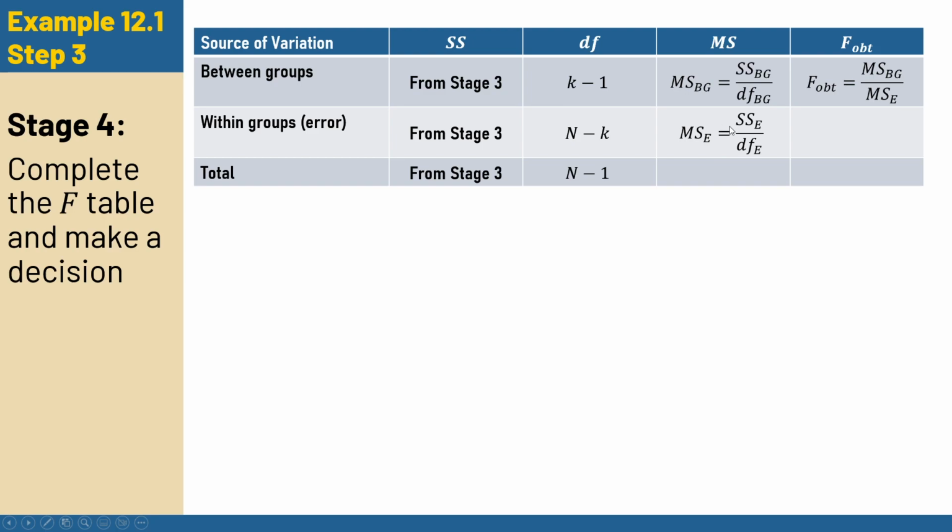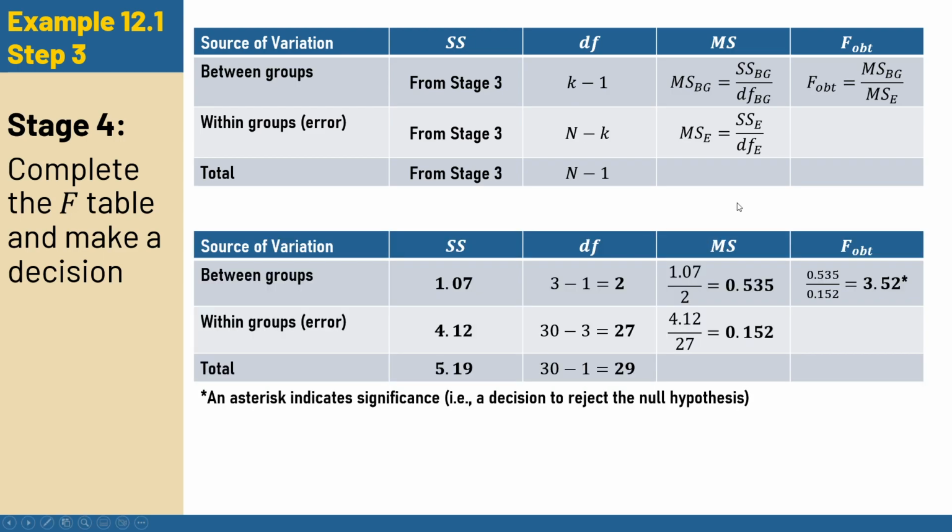And then same for mean square error. We'll take this cell divided by this cell to get this cell. And then our F statistic is this cell divided by this cell. If you're not watching the video, I probably just confused the absolute hell out of you.